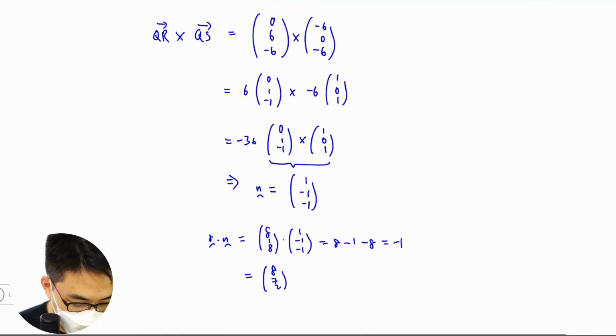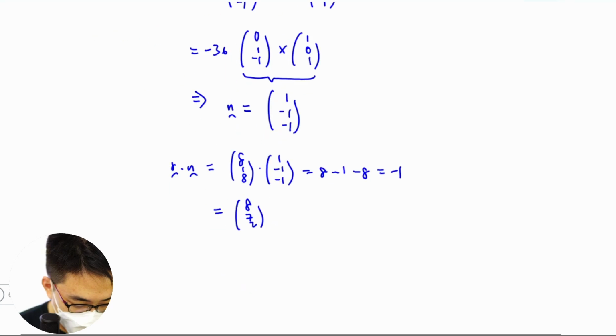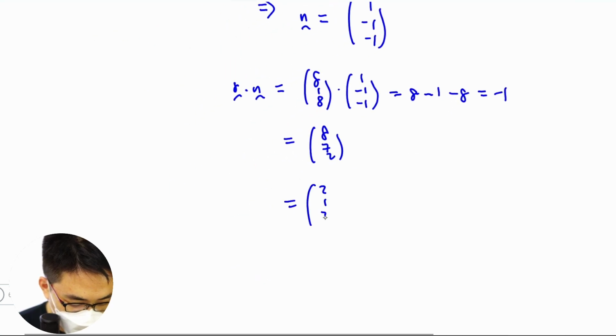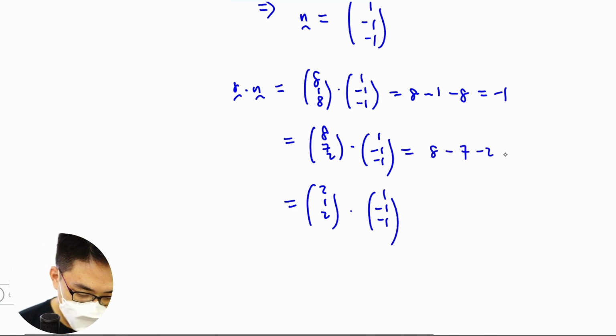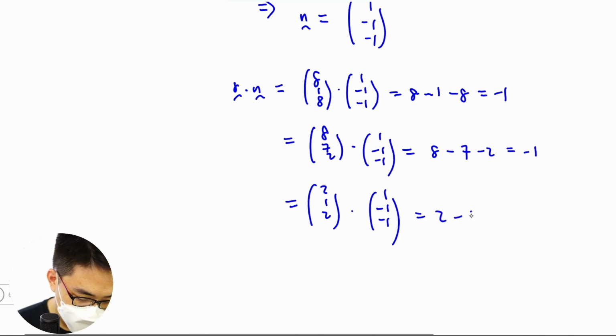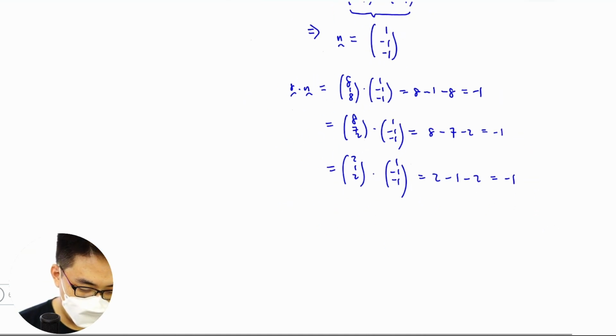From my past experience, in a past question I never tried 3 points, then I got it wrong, so I might as well just try 3 of them. Q gives 8, and this would be minus 1, which will also be minus 1.